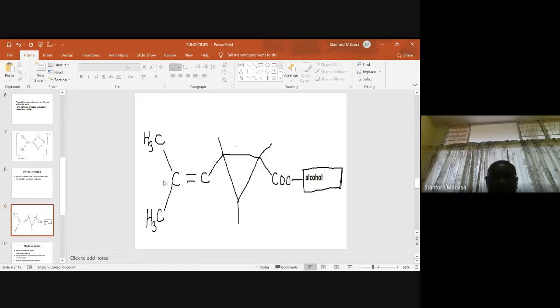And this is the basic structure of these pyrethroids. Probably you may be interested to know the structure. It may be easy to remember it if you focus on this triangle.